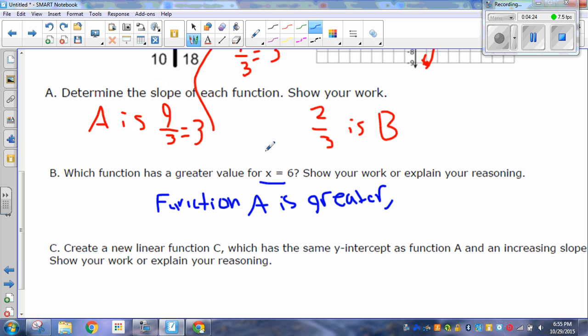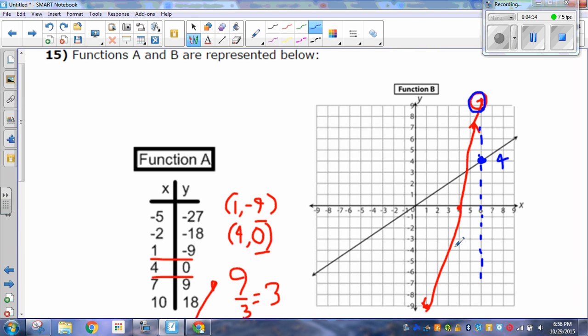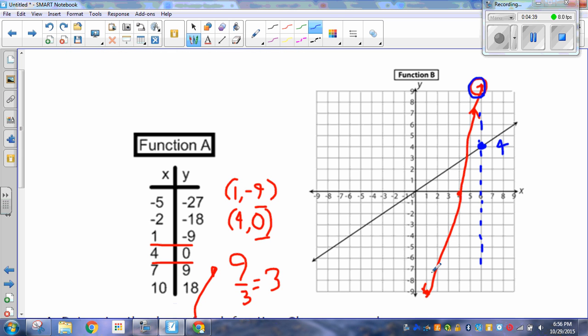Now, the very last part of this says create a new linear function with the same y-intercept as function A and an increasing slope. So if you go to function A, here it is. What is the y-intercept? It's a little tricky. It's not quite on my graph.